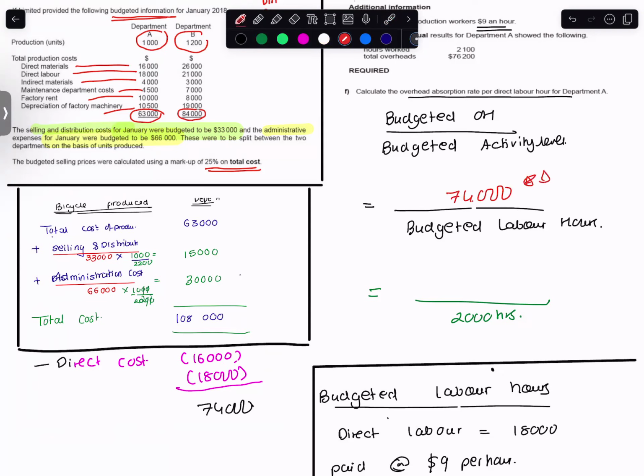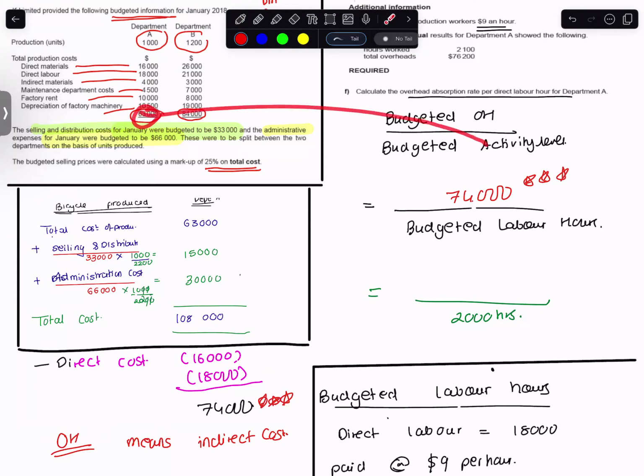This is an alert. You should know over here, overhead means indirect cost. Otherwise, you will take this 63,000 and put it over here and you will forget both of these. Understood? Are you with me? Yes, miss.